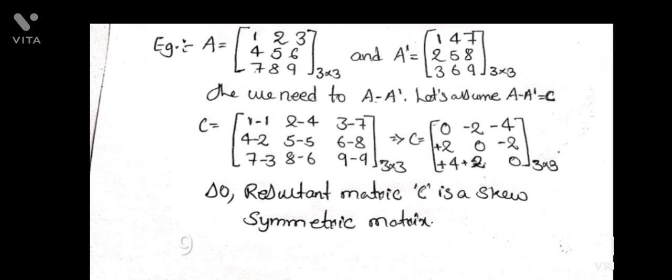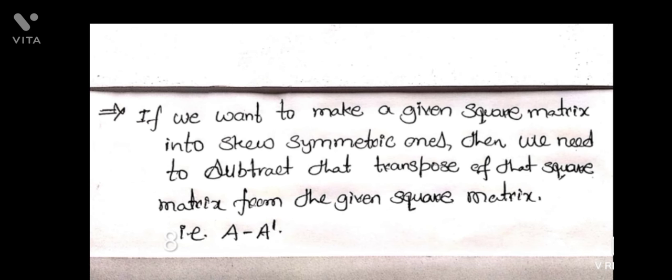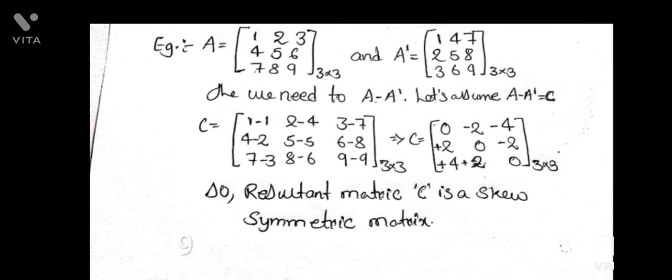As an example, this is a matrix A of 3 by 3. It is a square matrix, it should be a square matrix. Then we also need A transpose, as we have to subtract it. By exchanging the rows and columns, we can make its transpose. Then we need A minus A dash.